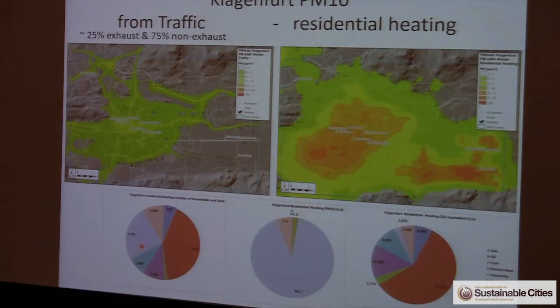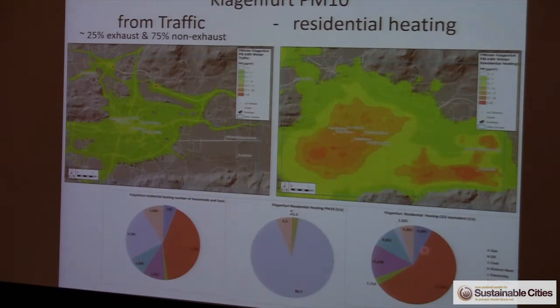Down there you see the distribution of different residential heating facilities. Here the major part in this orange is oil, and this quarter here belongs to wood. Here the emissions originating from different fuels are plotted, and you can see for PM10, 90% of the emissions relate to this quarter of wood burning.